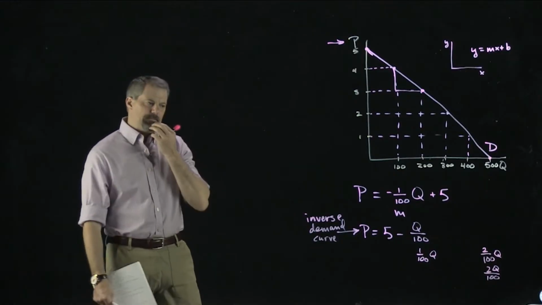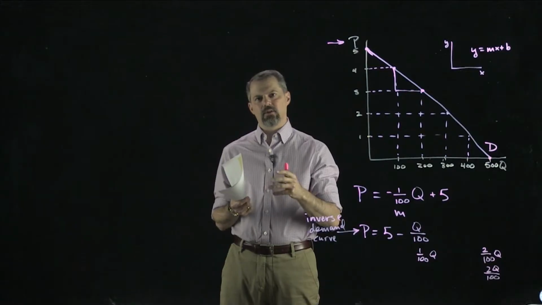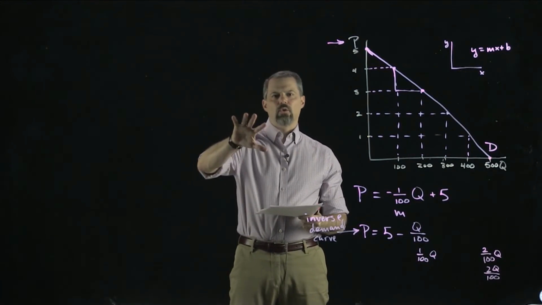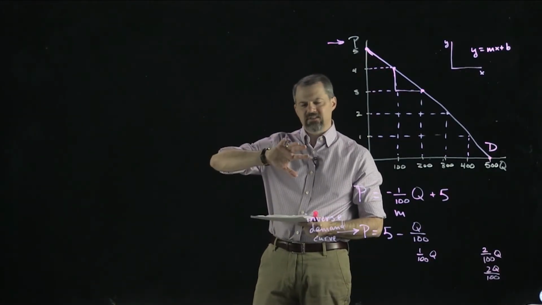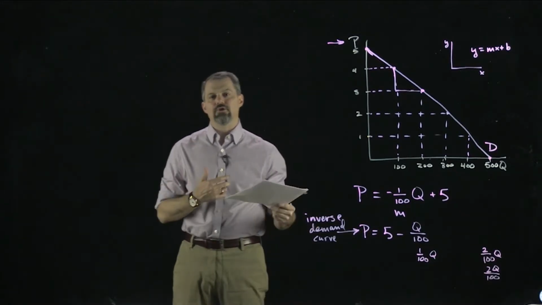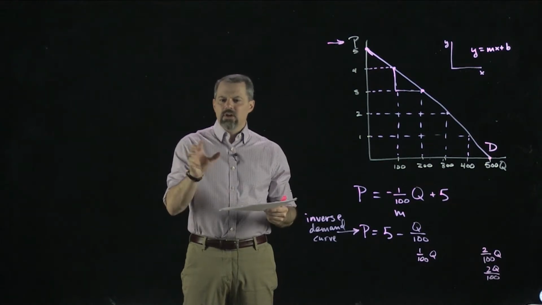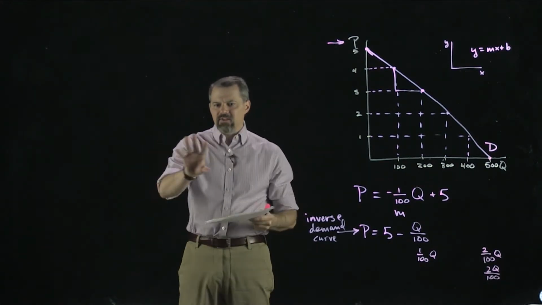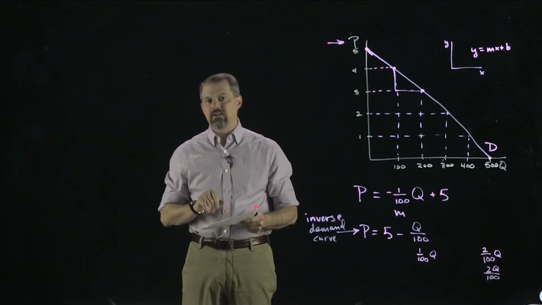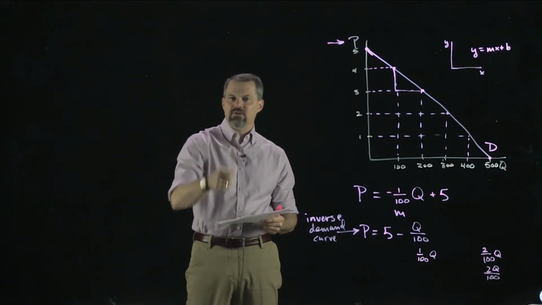Let's think about why. It has to do with the story that we tell about how you respond to prices. When you go to a store like Walmart and you're walking through deciding what to buy, you observe all of these products, and you look at the price and decide whether to buy it or not. Or if you're deciding to buy it, you look at the price and decide how much to buy.